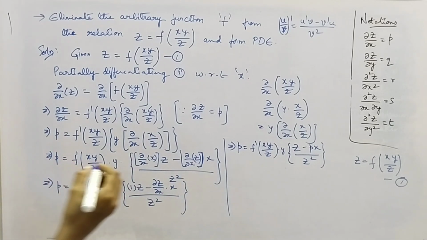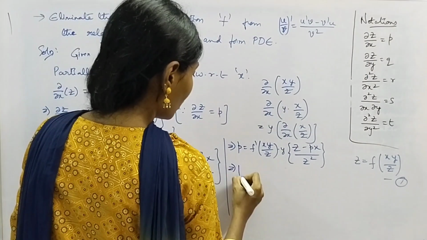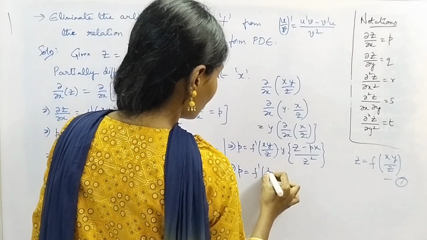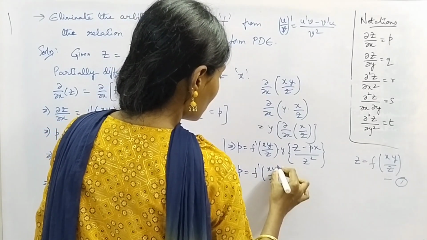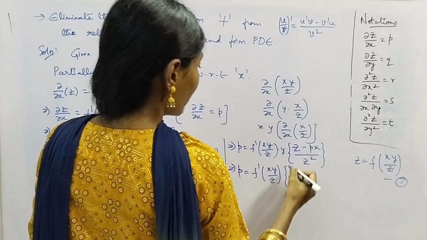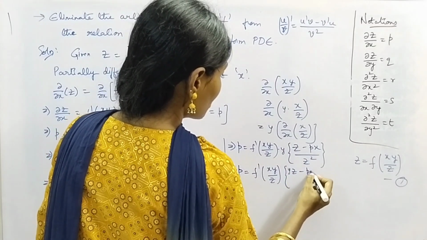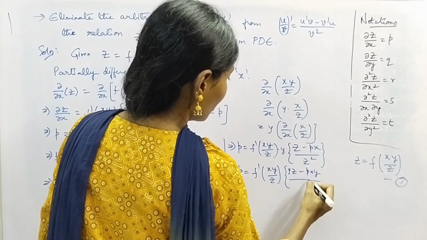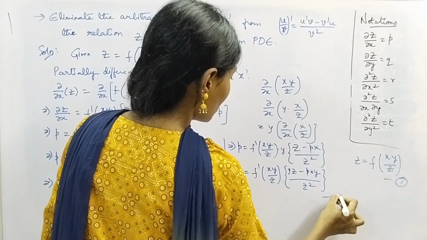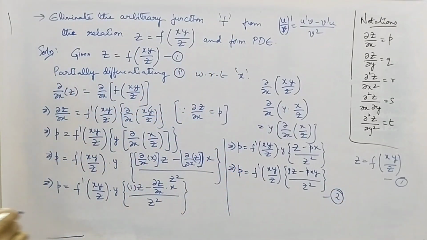Or we can write this as p equal to f dash of xy by z into yz minus pxy by z square, considered as equation number 2.